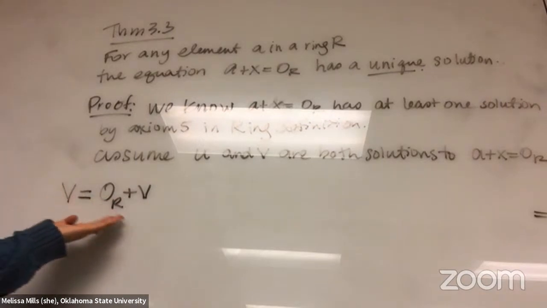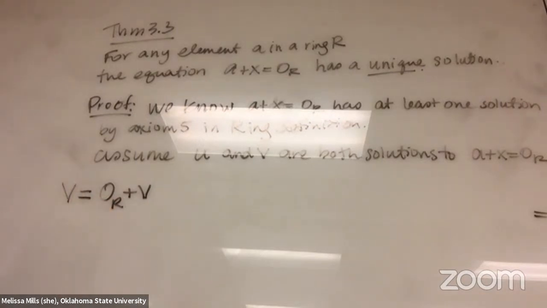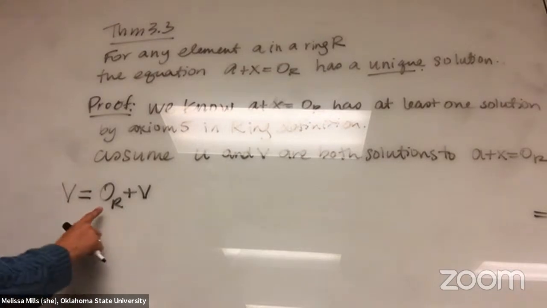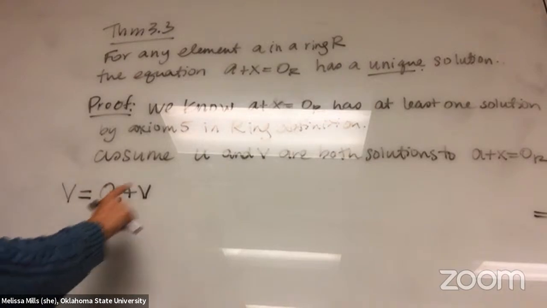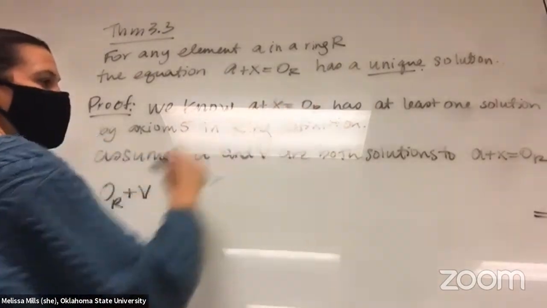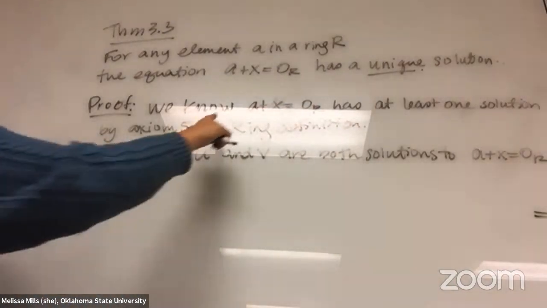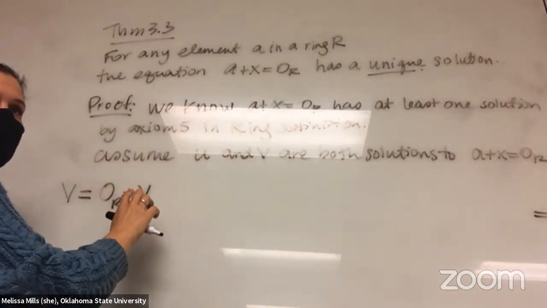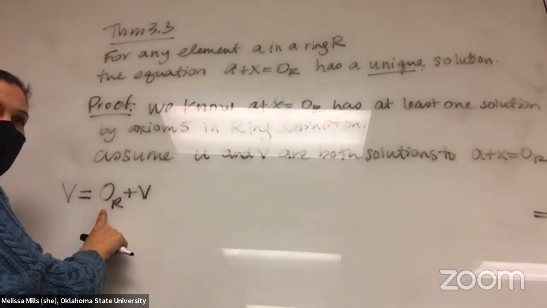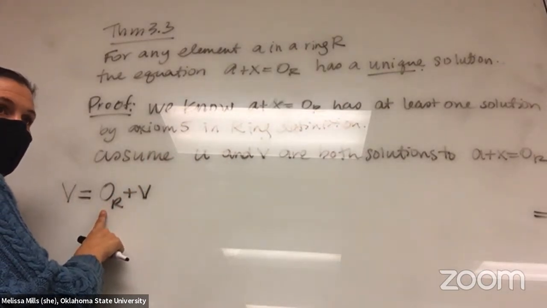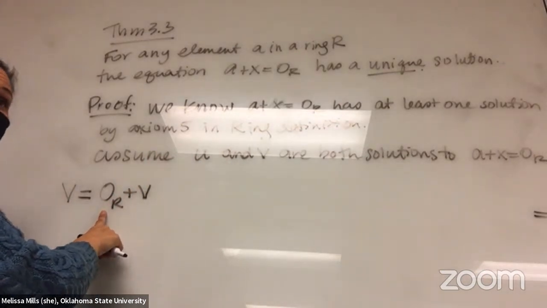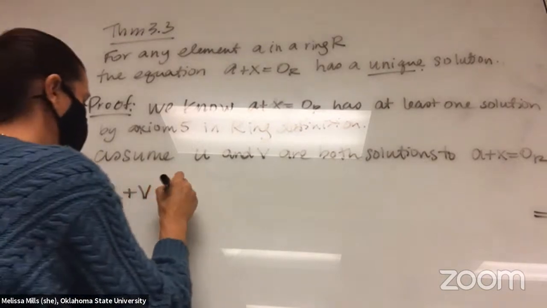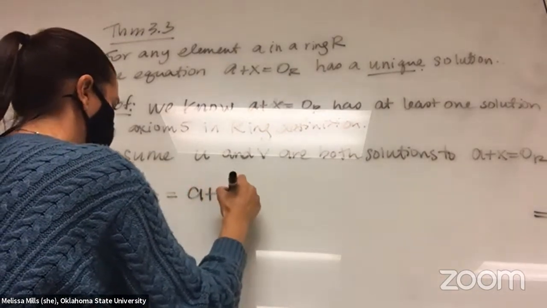So V is equal to 0R plus V. You might not have thought to go that way, but now I can say something about that 0R, because it's an opportunity to introduce U into this thing, right? So what is 0R equal to that involves U? It's equal to A plus U, right? So now I get A plus U plus V.